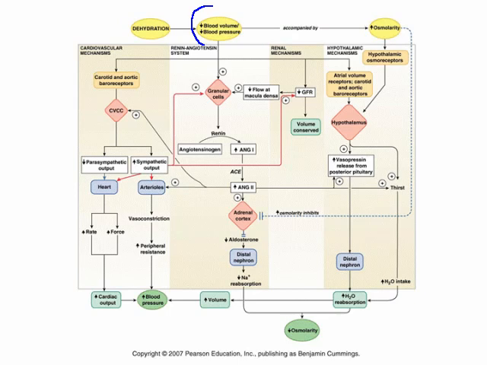Let's just take a look at what happens when we reduce blood volume and blood pressure. Well, first of all, reducing blood pressure is going to activate the baroreceptors, which is going to work through the cardiovascular control center in the medulla oblongata to decrease parasympathetic output to the heart.